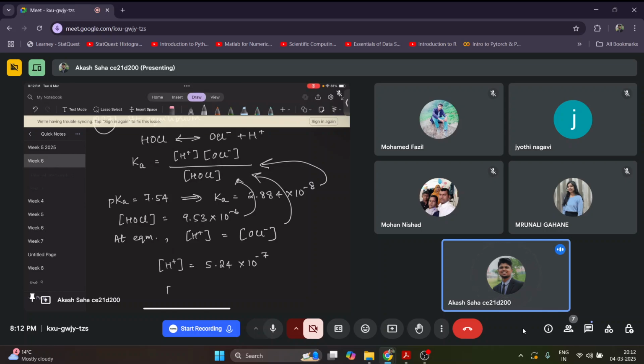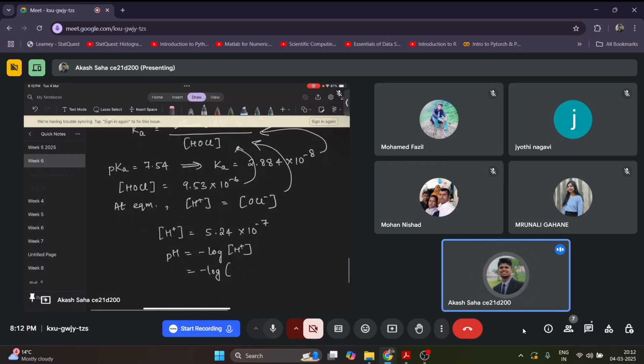So pH will be minus log of 5.24 into 10 to the power minus 7, which turns out to be 6.28. That's how you have to solve the problem.